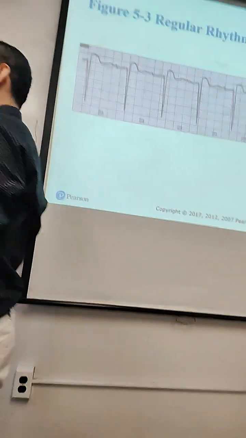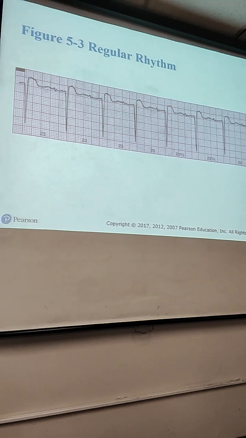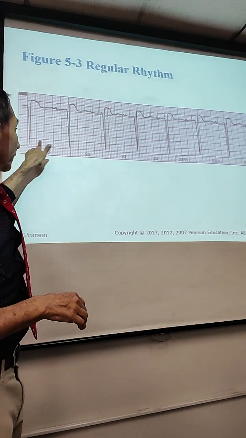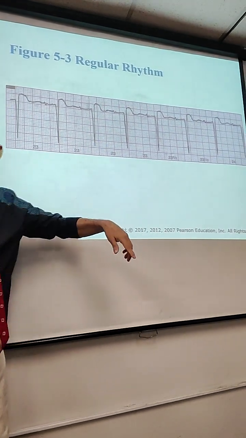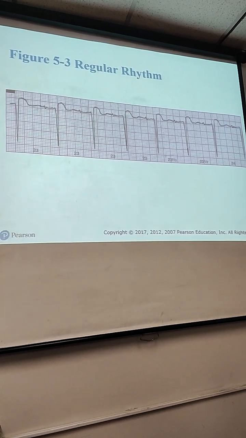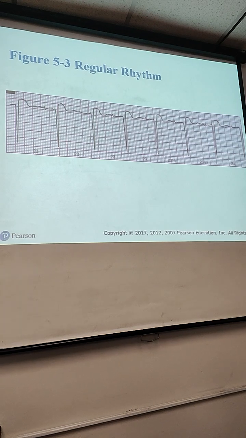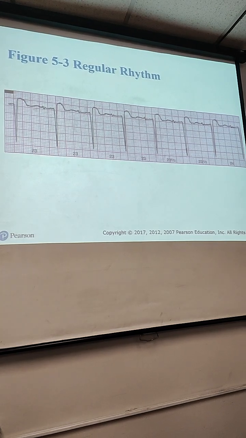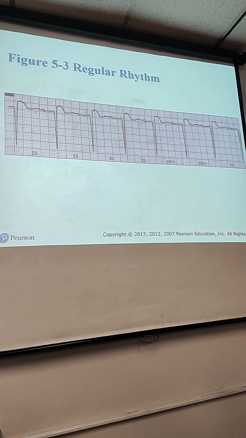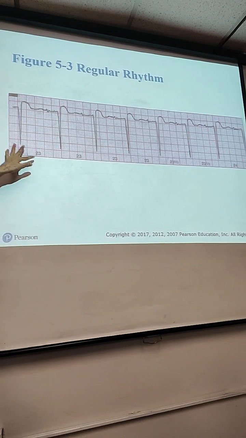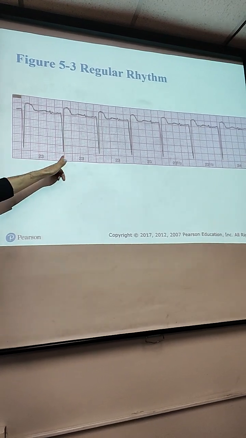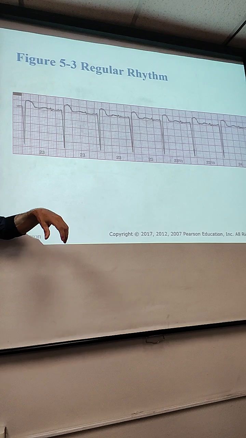To be considered regular, you can have the same number of blocks, whether big blocks or small blocks, in between the R's, or QRS's, whatever you want to call them. Usually we count the number of QRS in a minute using the 6 method technique, but here we are not going to use that. We're going to use from R to R, from this tip to this tip to that tip. Now, exceptions to the rule.